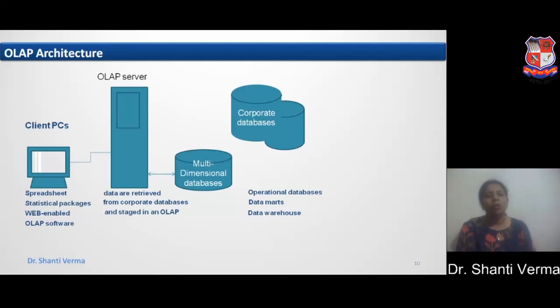The OLAP server is responsible for retrieving data from corporate databases and staging it in OLAP. In corporate databases, there are different types of databases: operational databases, data marts, and data warehouses. The main responsibility of OLAP is to handle the complex queries and give the result quickly.